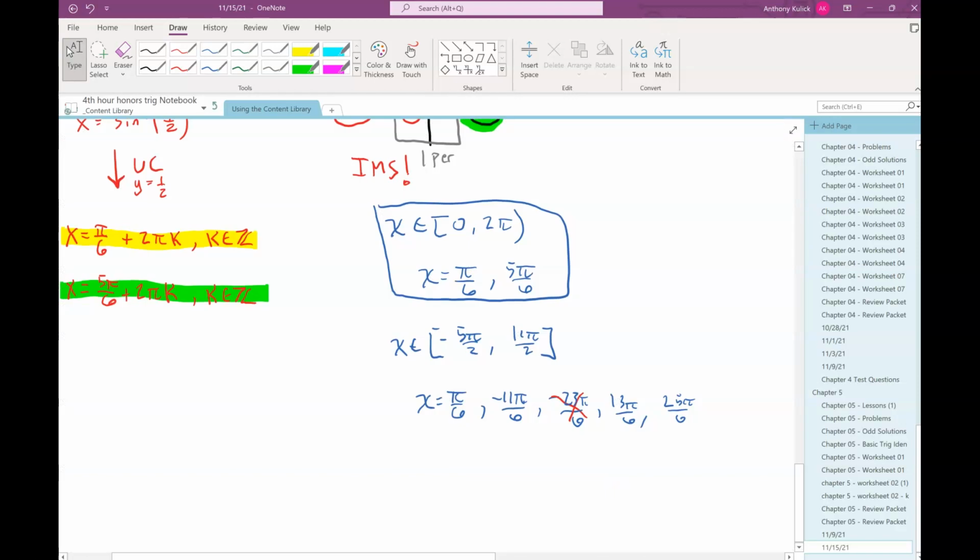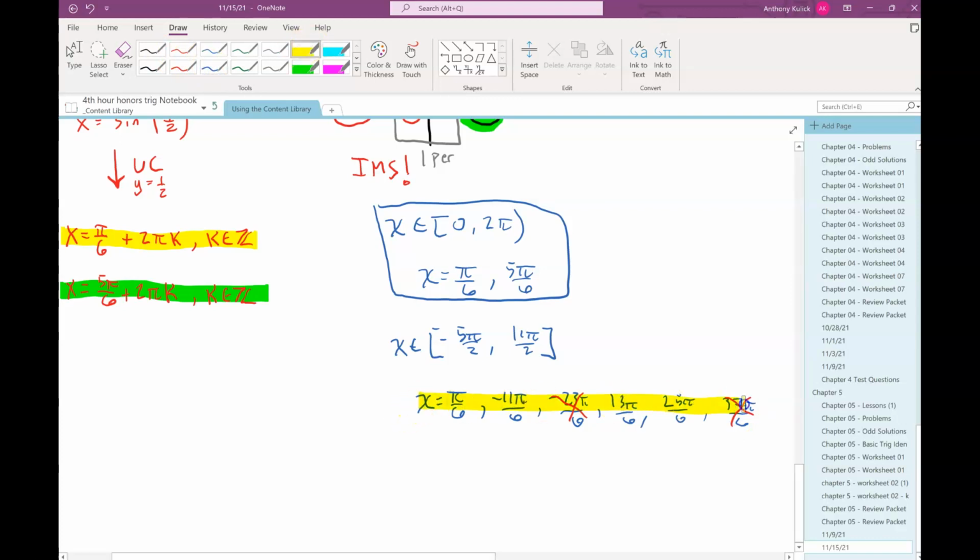It's a little bit more than 4 pi. That's still okay, less than 5.5. If I add another 2 pi to that, that's a little bit more than 6 pi. That's too big, right? Much bigger than 5.5 pi.